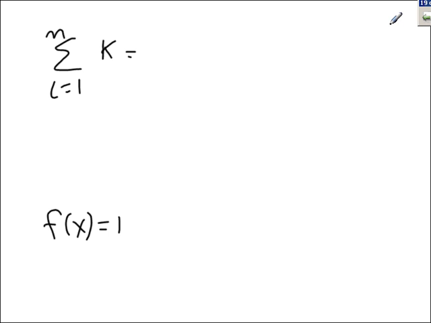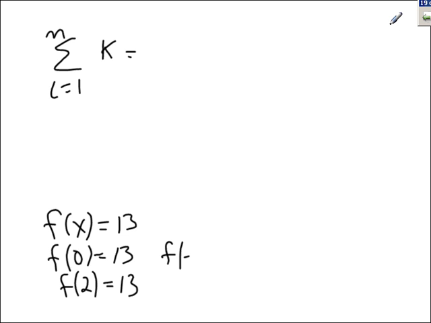There's one other formula I meant to give as a basic formula. The last one was a major formula. If you have the summation of k, and i goes from 1 to n, well, you have to remember, if f of x is equal to 13, then f of 0 is 13, f of 2 is 13, f of negative 13 is 13.